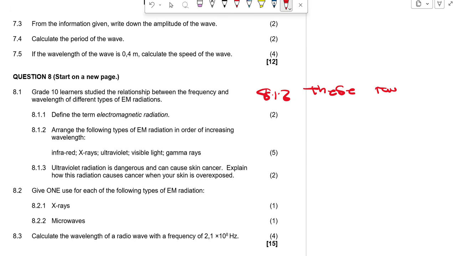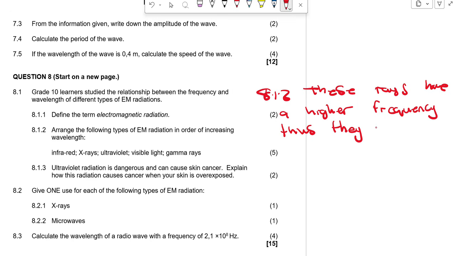These rays have a higher frequency, and then they have a higher degree of penetration. That is the reason. Degree of penetration. That is the reason why it can cause skin cancer.